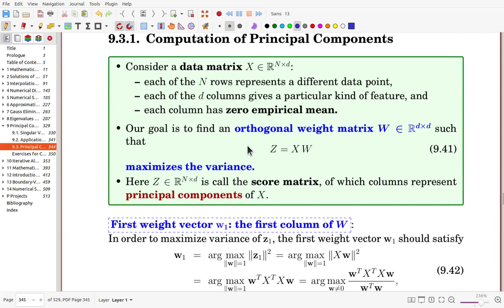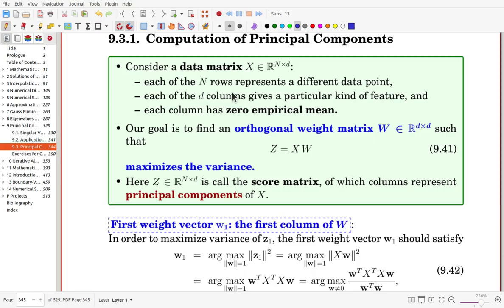Okay, computation of principal components. Consider a data matrix X of n by d dimensions. Each of the n rows represents a different data point.